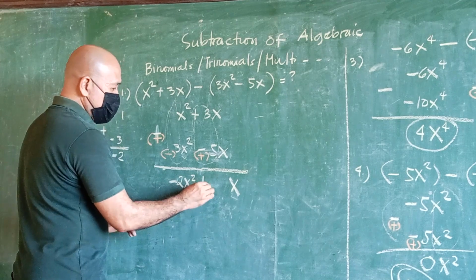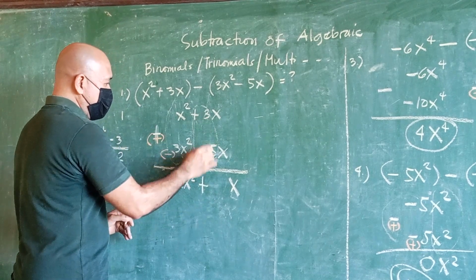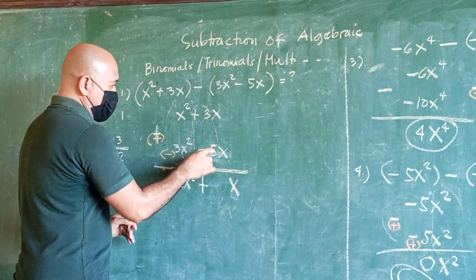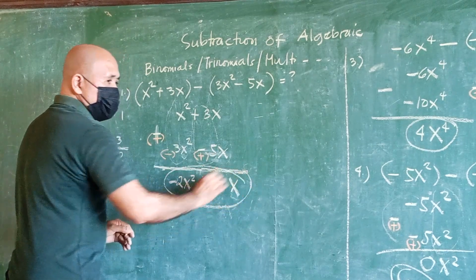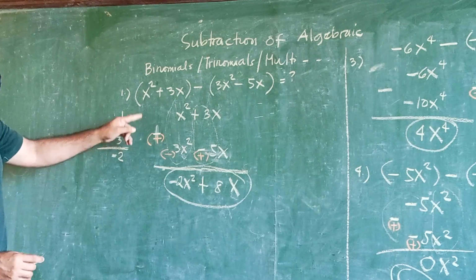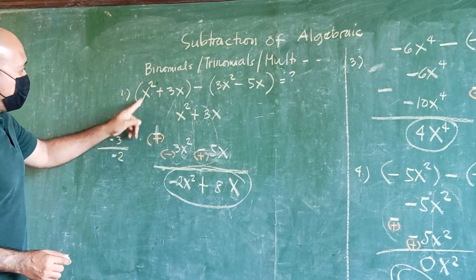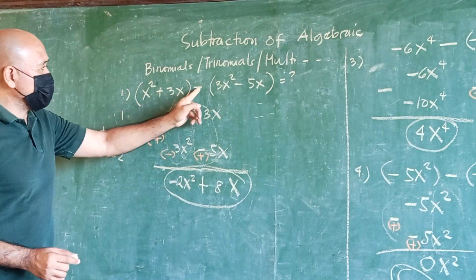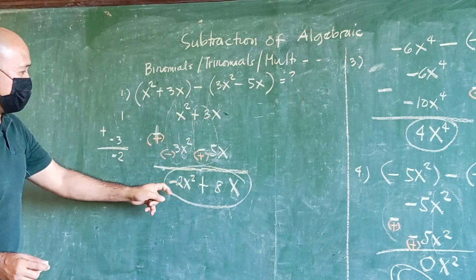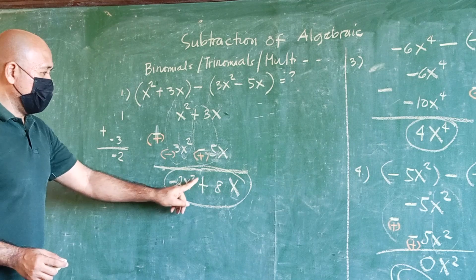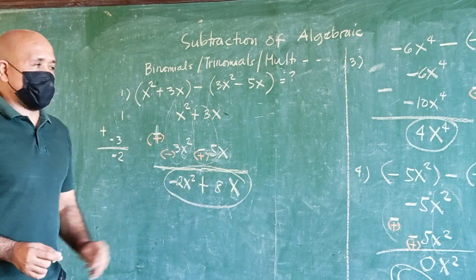Bring down plus and add directly the numbers because it is addition. Add directly, that is 8. So this is now your answer. Therefore, the quantity x squared plus 3x minus 3x squared minus 5x, the answer is negative 2x squared plus 8x.